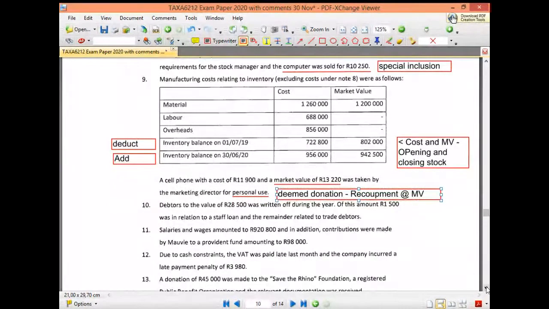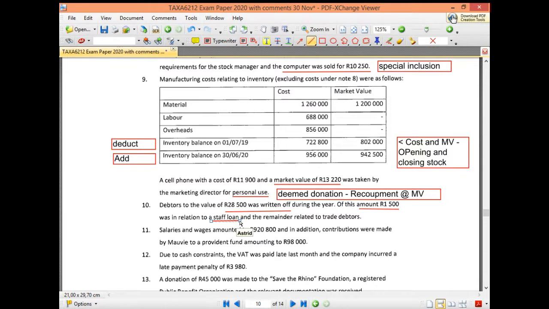Okay, then the next thing is the debtors' value of $28,500 was written off. Okay, but included in that amount is an amount of $1,500, which is a staff loan. Now remember, for an amount to be written off as bad debt, to get the deduction, you had to previously have included that amount in your gross income.